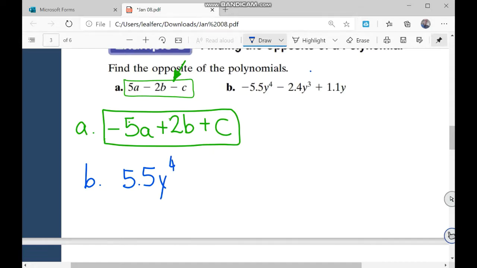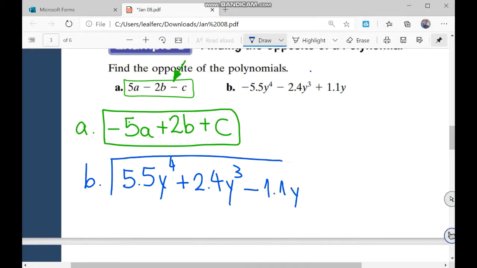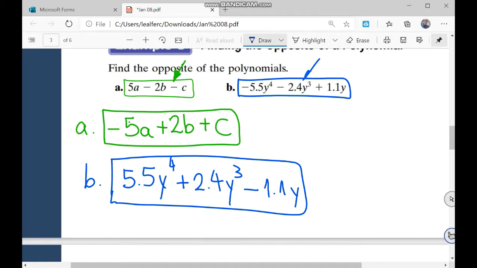The second term, -2.4, we will change the sign, +2.4y exponent 3. And +1.1, change the sign, -1.1y. So this is the opposite of that polynomial over there.